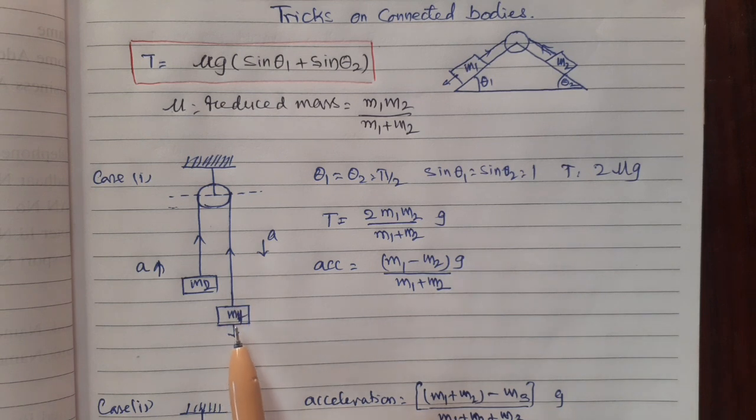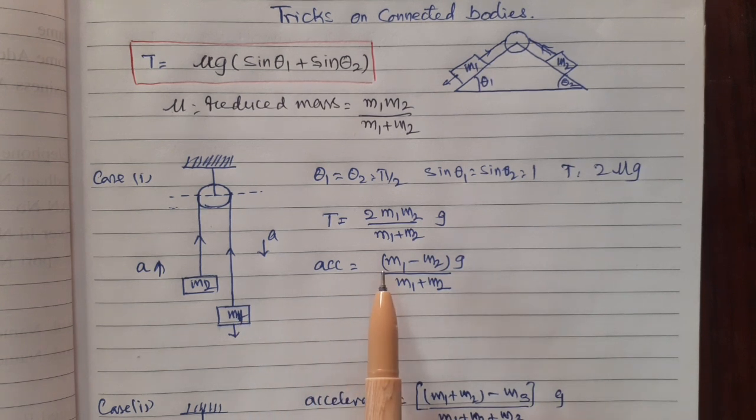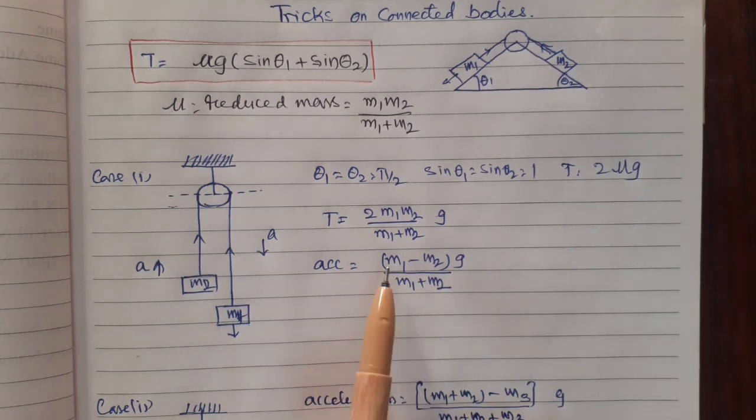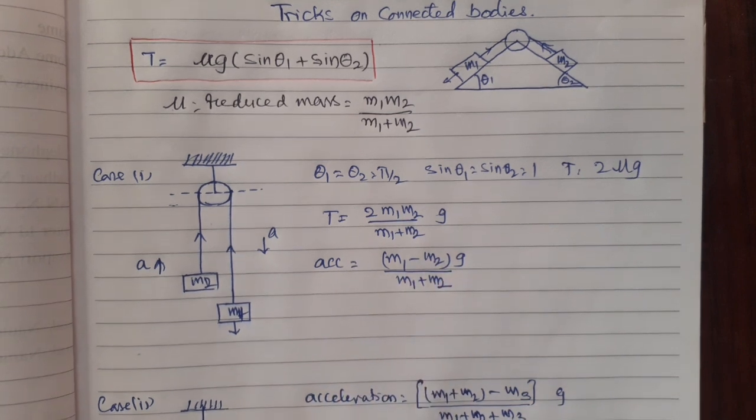The forward force is m1 G and the backward force is m2 G. Therefore the acceleration is m1 minus m2 by m1 plus m2 into G. This is about the acceleration.